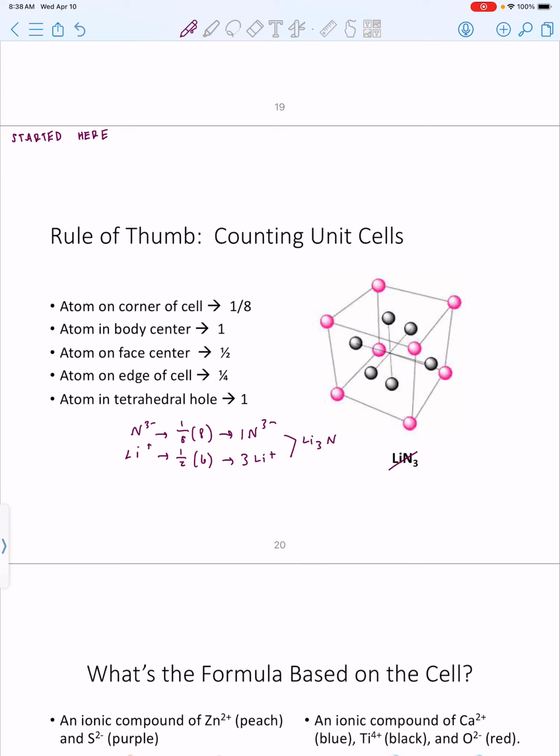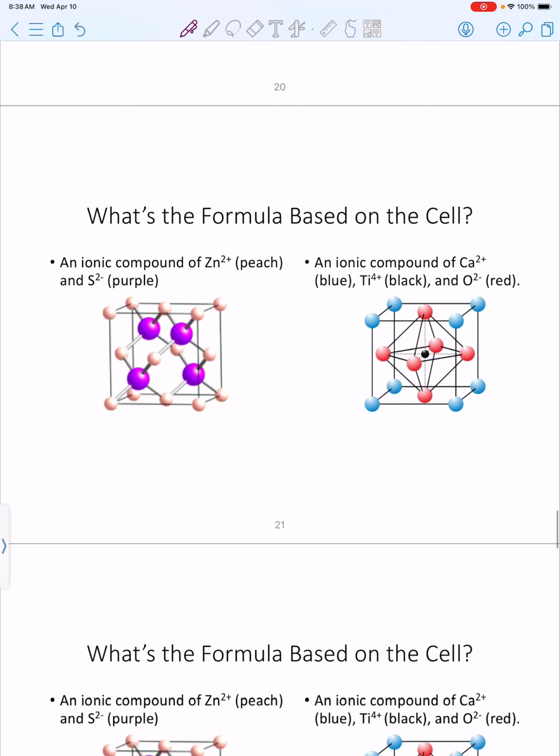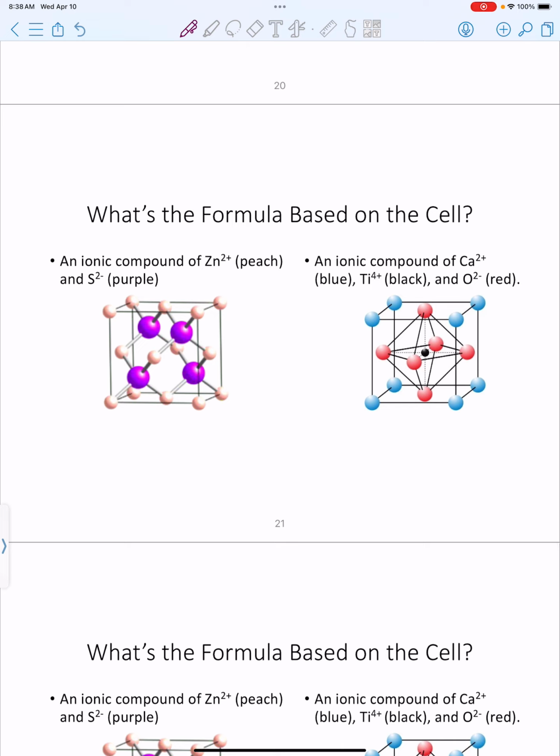Okay, here's one that I expect you to know, because it's relatively straightforward. This is cesium chloride. Cesium chloride is a very common unit cell that we run into when your cations and your anions are about the same size. In this case, it's like a substitutional alloy, right? In the sense that I'm just going to replace one of my particles in a body-centered cubic arrangement with one of my ions.